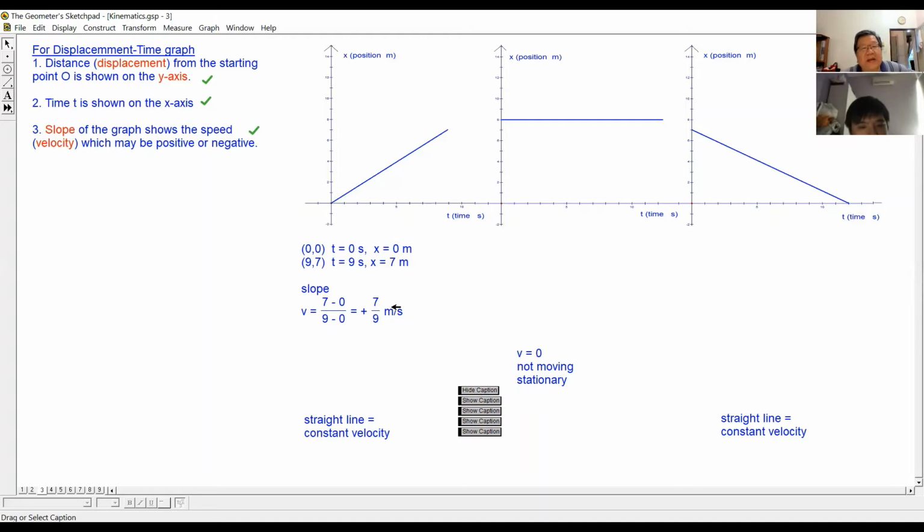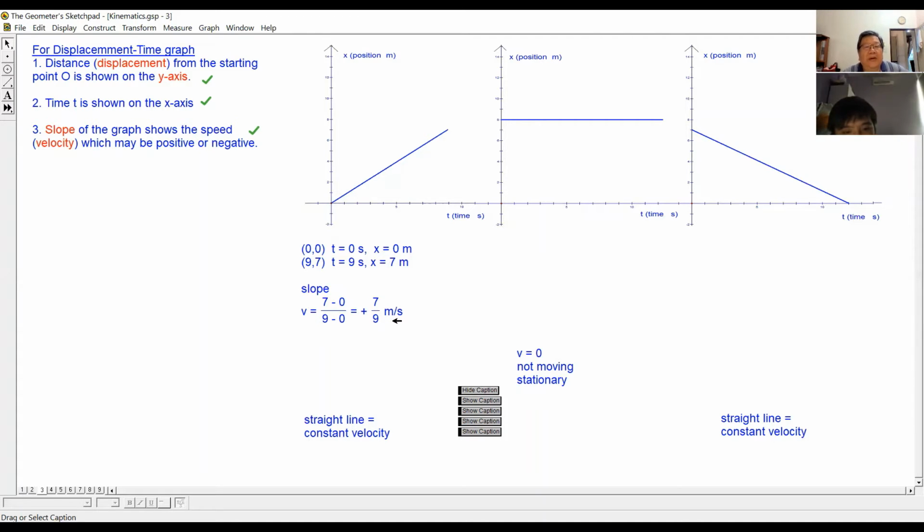Why meter per second? Because the top, the unit is meter. The bottom, the unit is second. So finally, the physical quantity has a unit of meter per second.